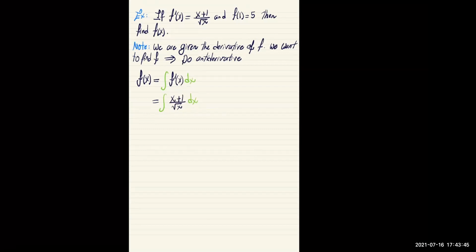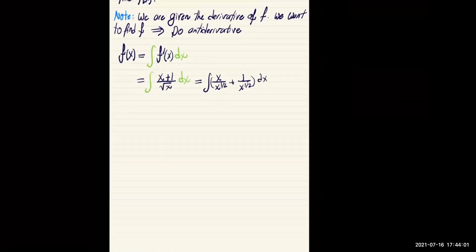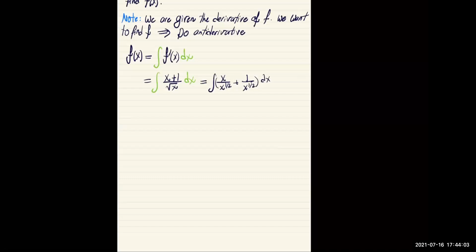I can do the antiderivative of x over root x, or x to the power of 1/2, plus 1 over x to the 1/2. We could divide that by that, and 1 divided by root x. Separating this fraction, and then you can simplify each of these.